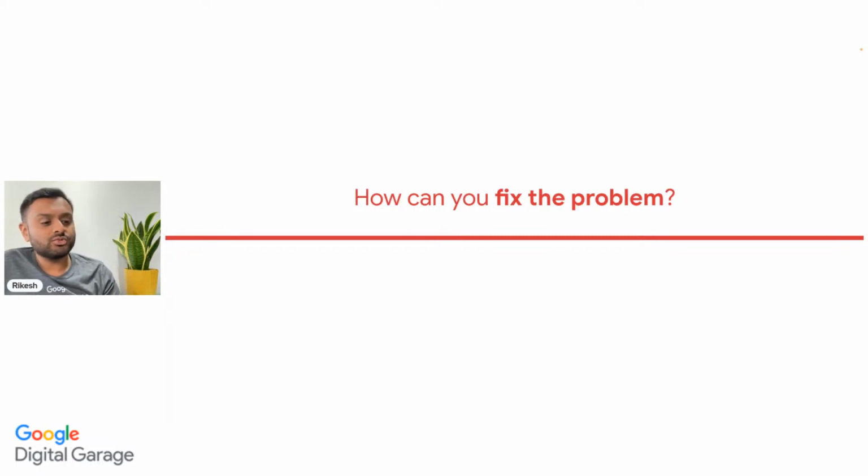Now, we also want to, within our responses, evaluate whether we're able to fix the problem. Are we able to offer a refund? Are we able to offer an exchange there and then? Or is it a case of we get that complaint or grievance, but we are not sure how to fix the problem, because there might be 50 customers that have the same name as that individual, or we don't really know the individual's name properly.